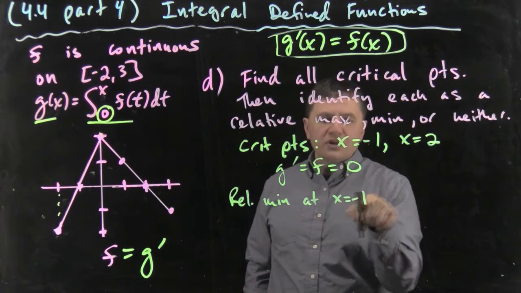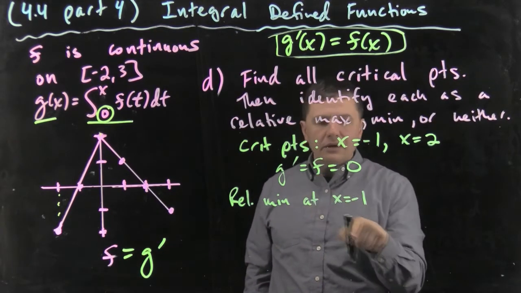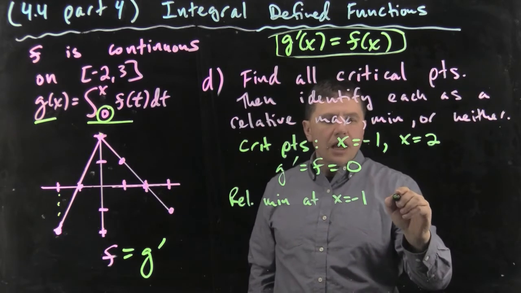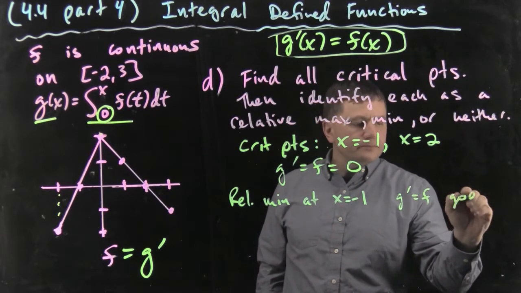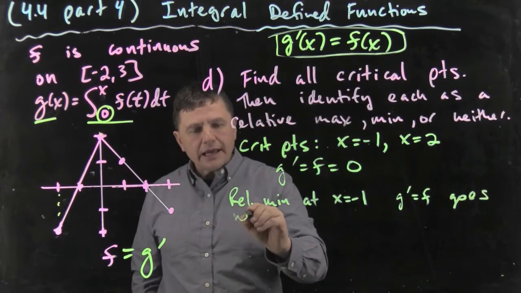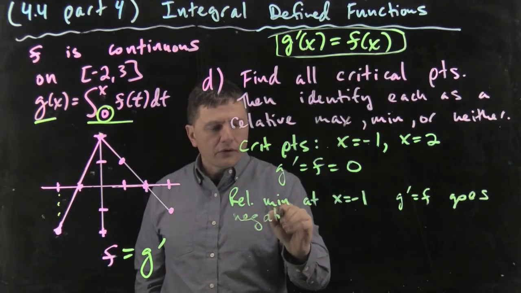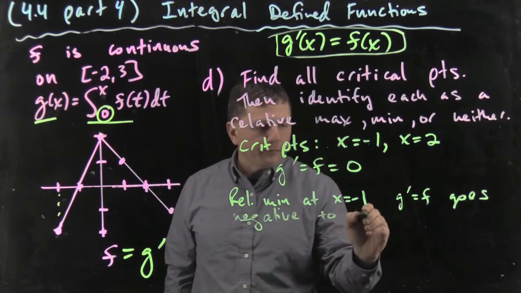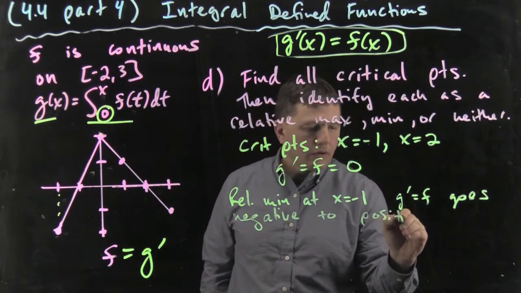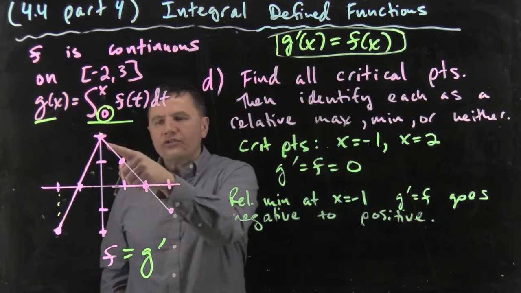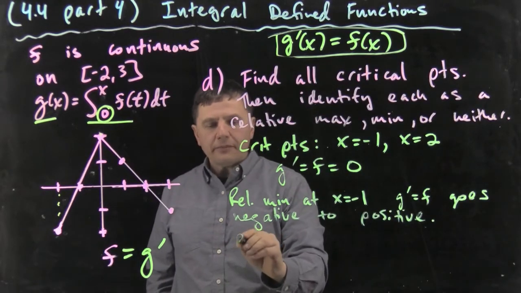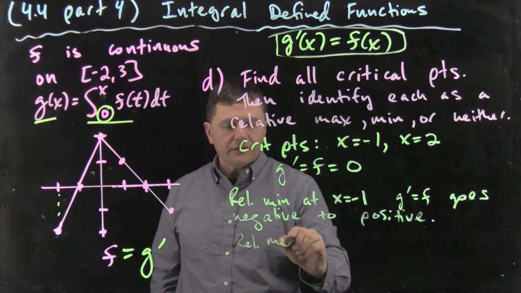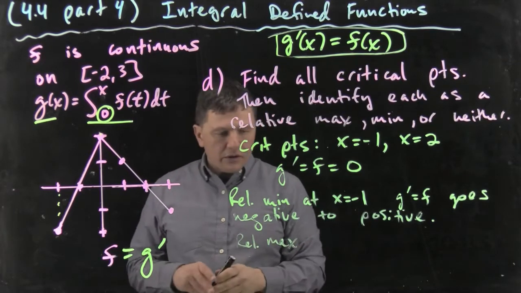So g prime, which is equal to f, goes negative to positive. Okay, and then of course that means at x equals 2, we have a relative maximum. So we have a relative max. This marker is not great.